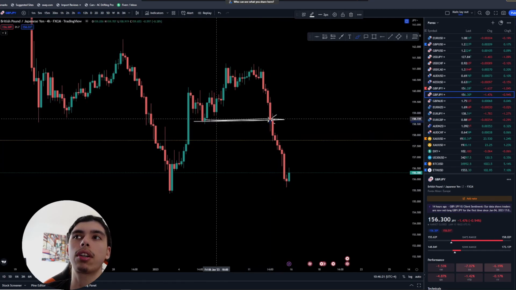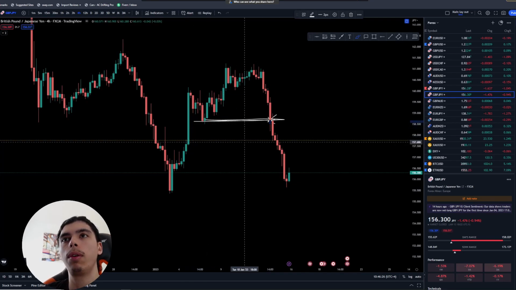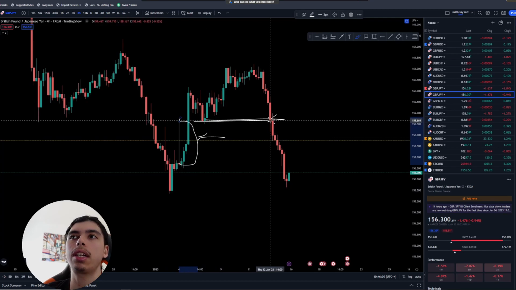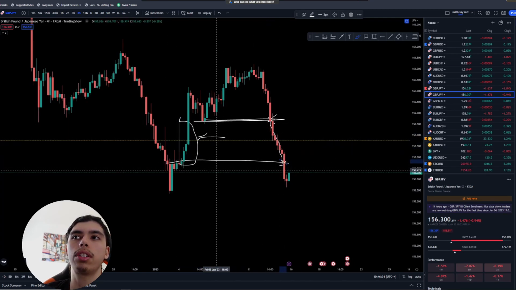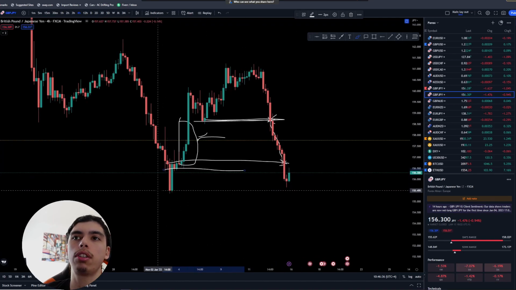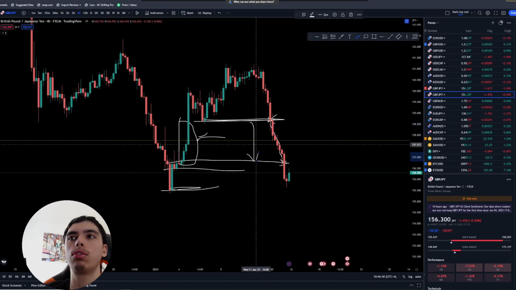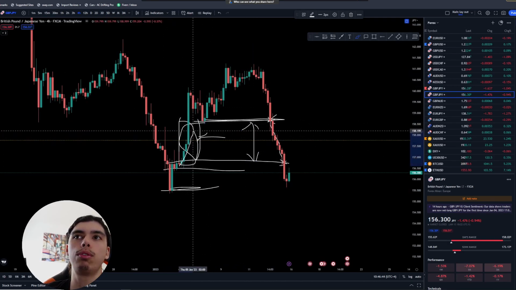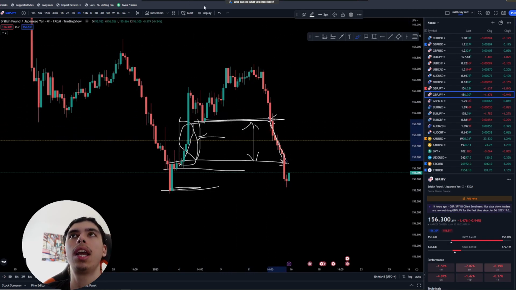Because if we get a close below that zone, which is what I always teach you guys, looking left here, we have these clean candles, and these clean candles should be able to give us the move to fill this zone. And once we fill this zone, we need closures below here to fill this zone down here. And this is what gives us the zone to zone trading, because it's replicating the move. We had no issues moving up here, and then we had no issues moving down here, and that's what we expect.